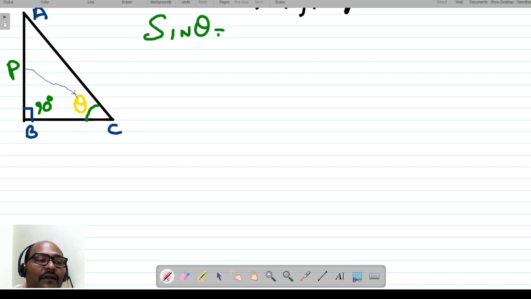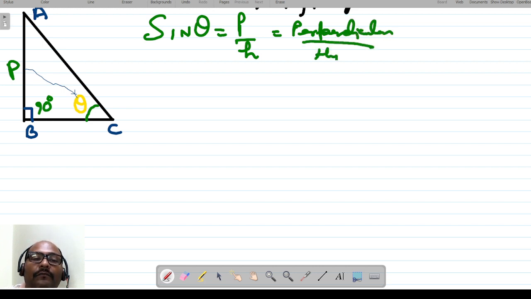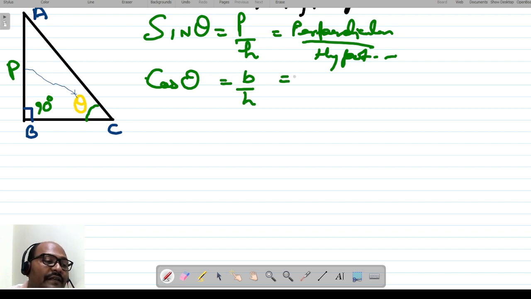So what we will say, sine theta will be P by H. That means perpendicular by hypotenuse, right? And similarly, cos theta will be equal to B by H. You know B? B is the base.